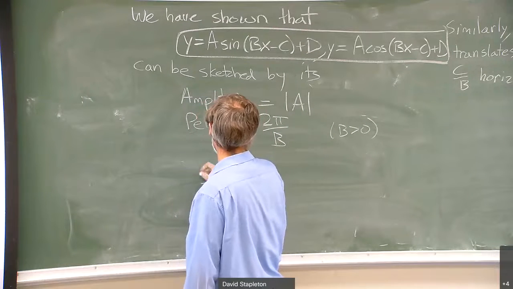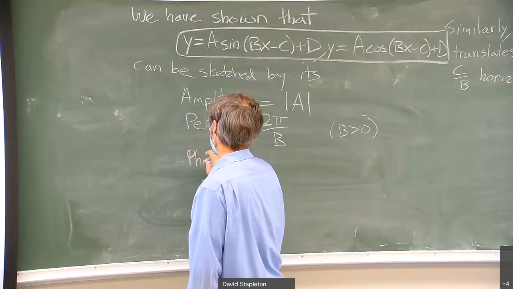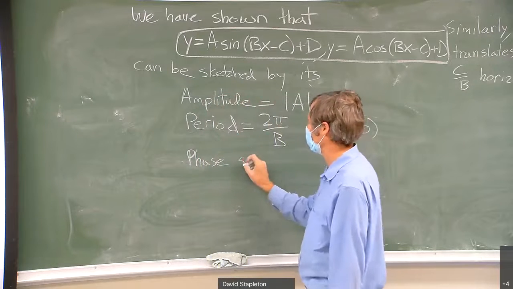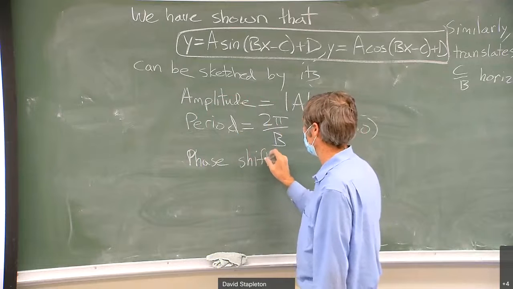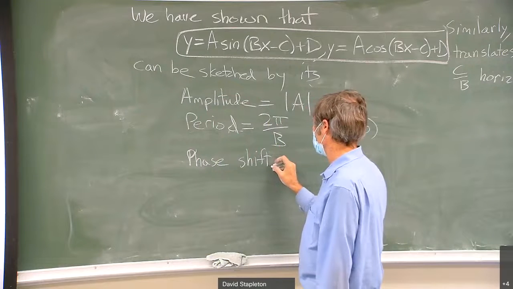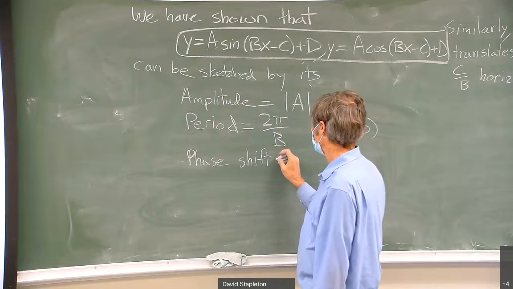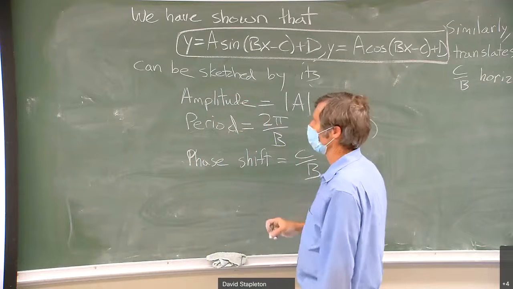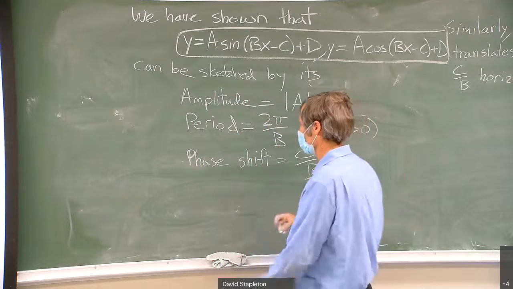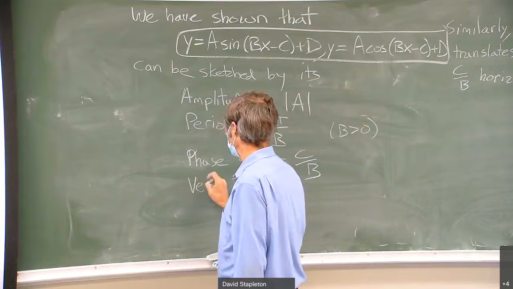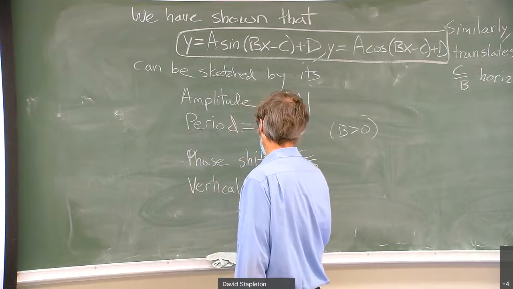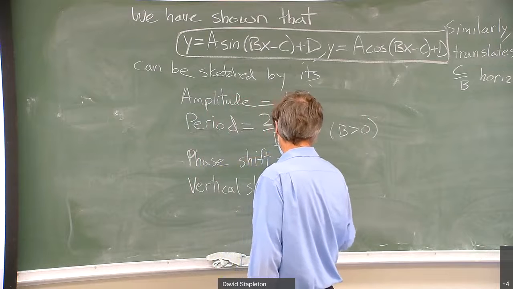So amplitude, period, what we call the phase shift is a term they use with waves when it's a horizontal shift. So the phase shift is the horizontal shift in a periodic function, like a wave. So the phase shift is then going to be c over b. That's what we showed. That's the horizontal shift. And the vertical shift, we'll just call it that, is d.